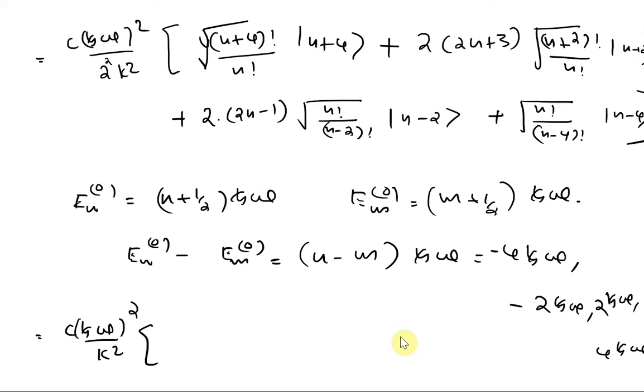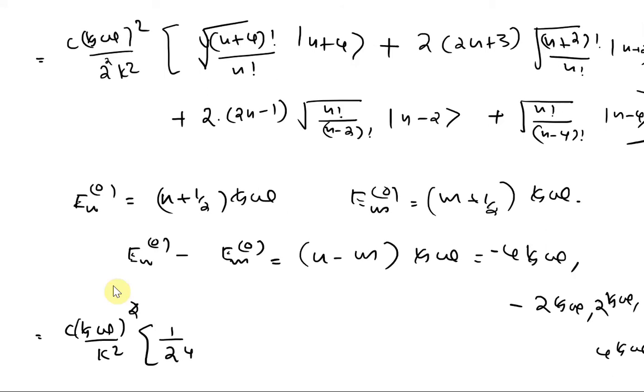So 1 h cross omega you can cancel from here with the denominator, so only 1 h cross omega will be remaining, and the remaining things are nothing but 1 by 2 square here, and also a factor of 4 is coming, which is nothing but 1 by 2 raised to 4.